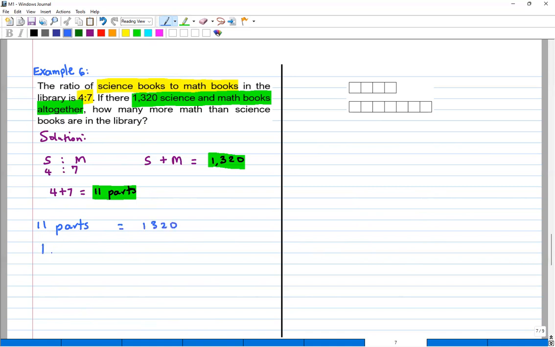Then, what about one part? One part will be 1,320 divided by 11. And this gives us 120. You see that? Now, how many more math books than science books?